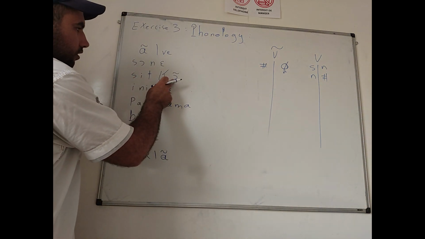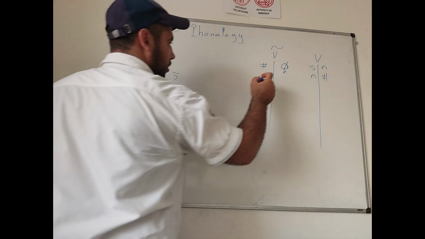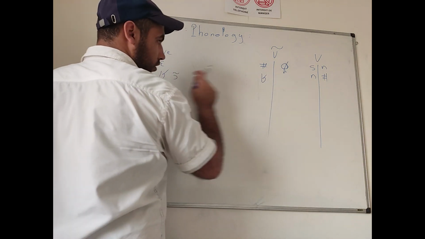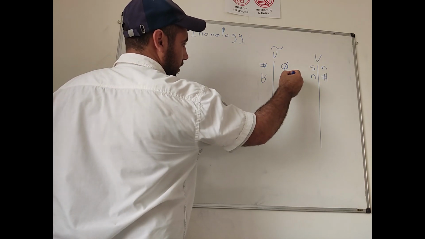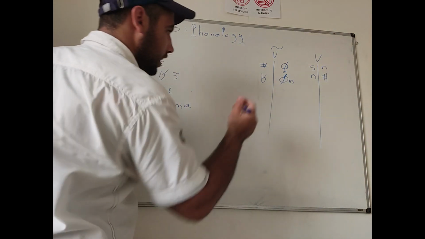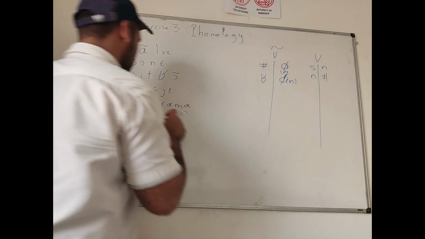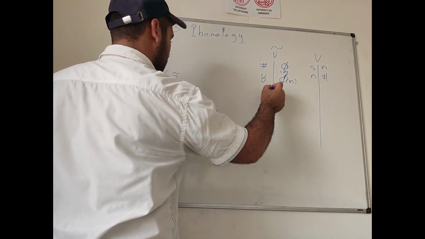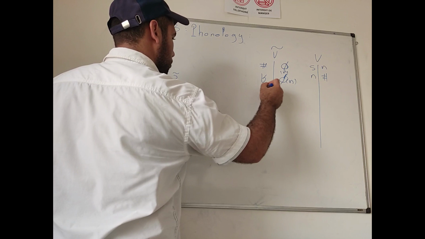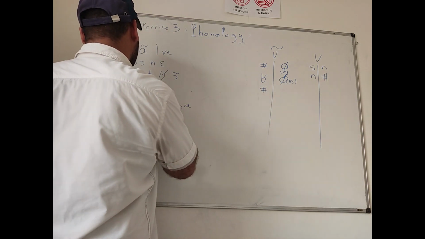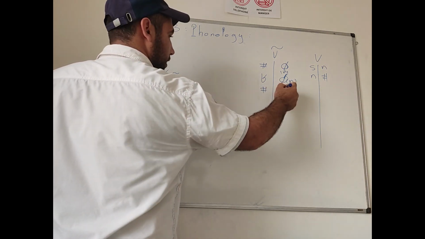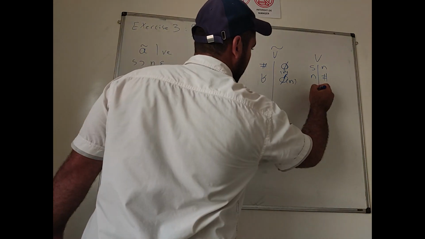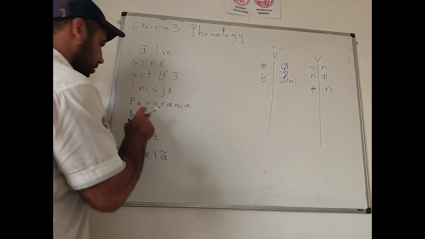This vowel is nasalized, preceded by the R sound, the fricative, and followed by a deleted nasal. Do not forget this, deleted nasal. And this one is preceded by a word initial and followed by a nasal. Sorry, it should be here.